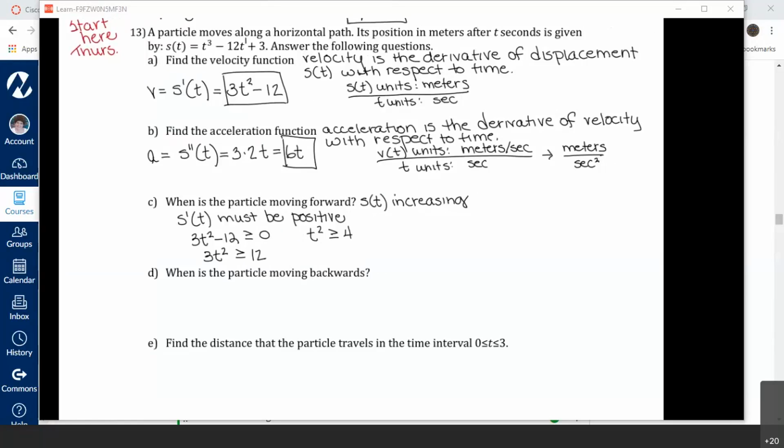And then you've got to take the square root of this. Okay, and you're going to wind up with a situation where you've got t is going to be like this.